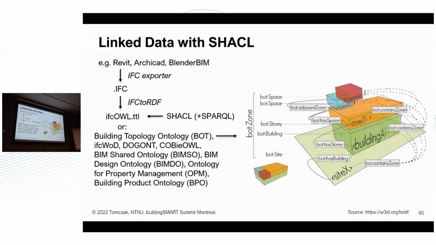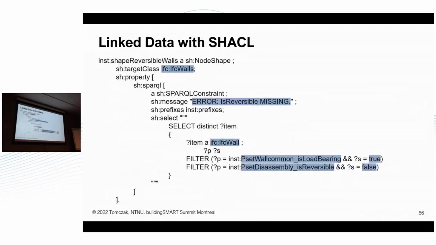I'm not an expert on that, but I did try to require information about load bearing and reversibility. And basically, this is how it looks. This is a SHACL query that tells you that IFC walls should have these two properties. I don't know if I made a mistake, but basically if it fails, it will give you a warning that you are missing some information.